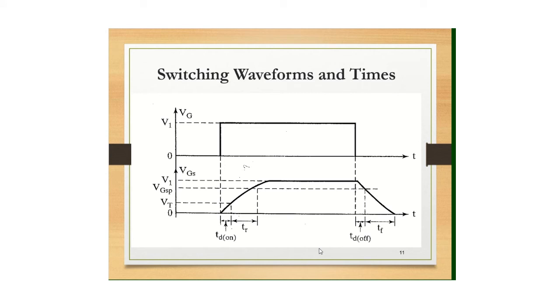The MOSFET is the fastest switching device because it has a switching speed faster than BJT or any other device. The switching speed is in terms of nanoseconds. That's why it is mainly used in most of these switching applications, because the switching speed is fastest.